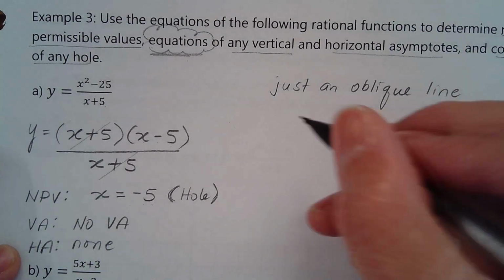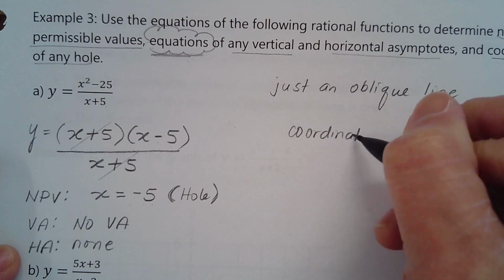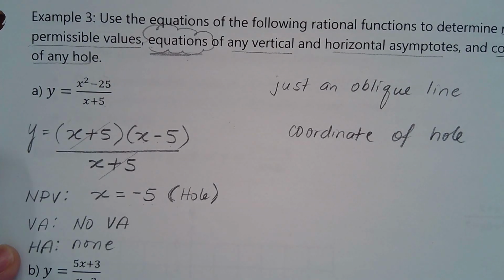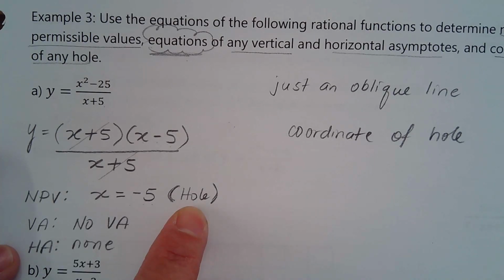So now what's the coordinate of the hole? Before that, let me ask you, if we have a hole, does it mean we always don't have a vertical asymptote? No, not necessarily. I'll show you an example.